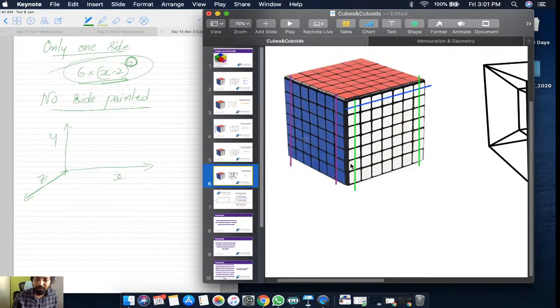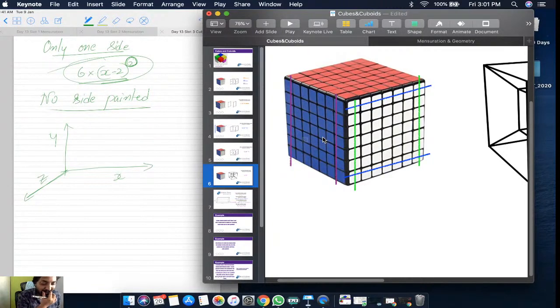Now consider green as X. These two layers should be removed. In Y, consider this purple as Y. Those two lines should be removed. In the Z, blue line, the top one and the bottom one, should not be considered.